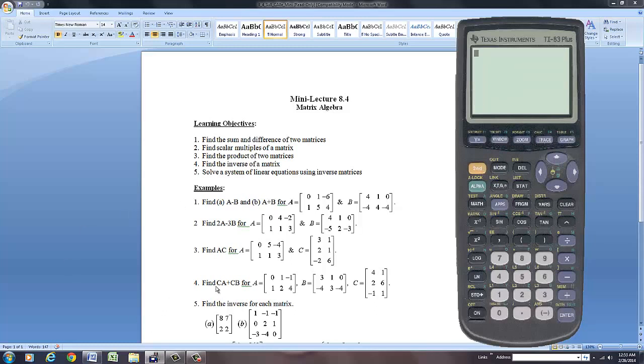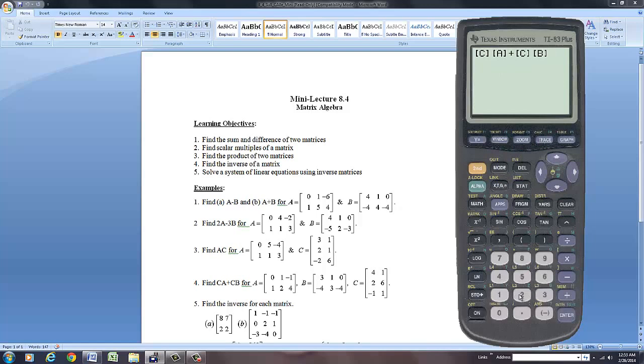Okay, so we want C times A plus C times B. Go to second, matrix, and then C, so hit 3. And then again back to the matrix menu. A is number 1, so just hit 1 or just hit enter. Plus matrix C again, back to the matrix menu, number 3, and then we want to multiply that by B. So second, matrix, B is number 2.